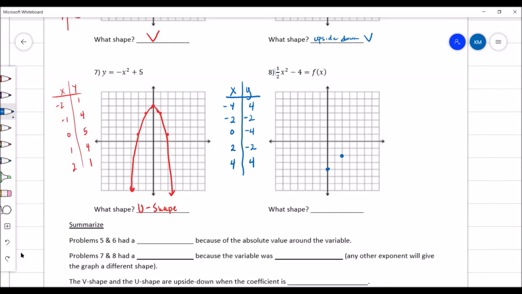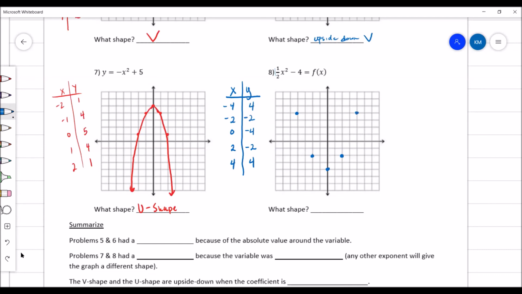I set 4, 4 and plotted it at 4, 0. That's crazy. 4, 1, 2, 3, 4.